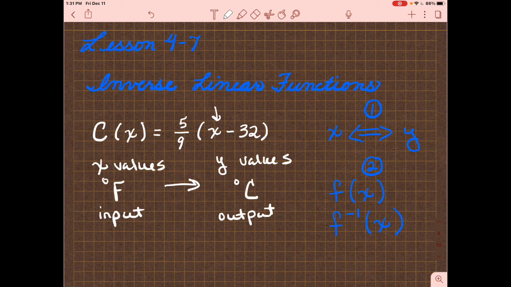So functions are little math machines. These equations are machines that do something. And this little machine actually, when you plug in a Fahrenheit value, turns that value into a Celsius temperature instead of a Fahrenheit temperature.